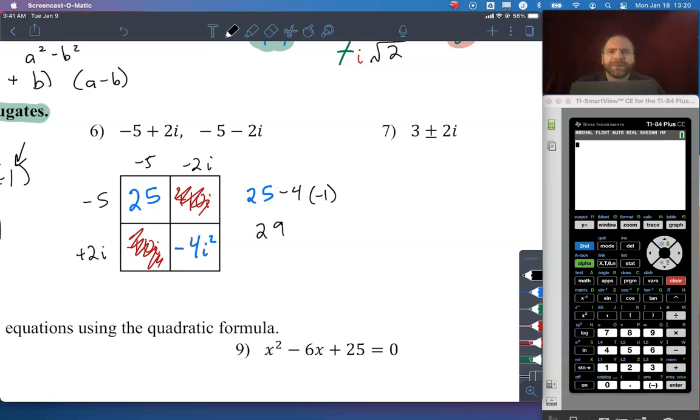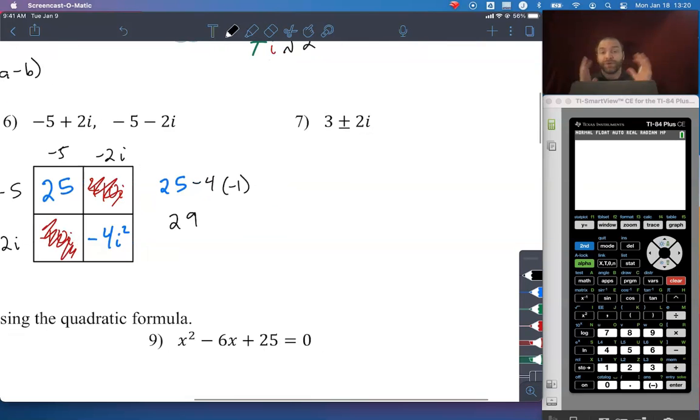So what happens when you multiply a complex number by its conjugate? It becomes real. The -5 plus 2i times -5 minus 2i becomes a real number. It no longer has an i. And so that's something that's nice to keep in mind.